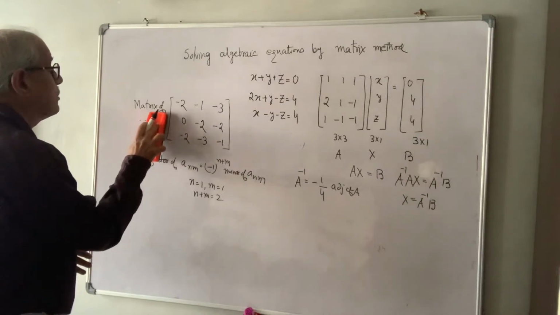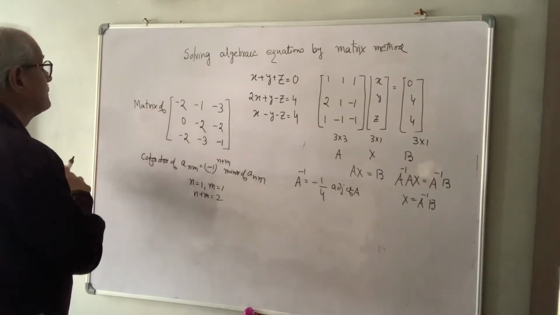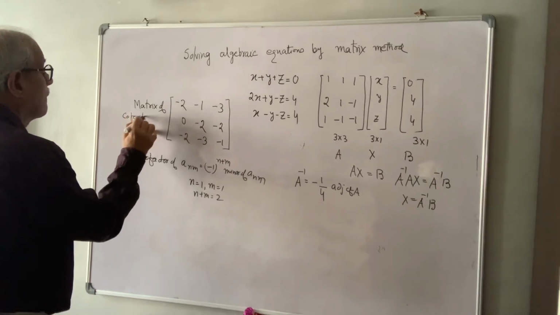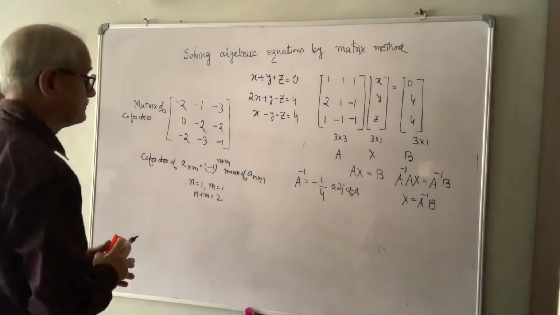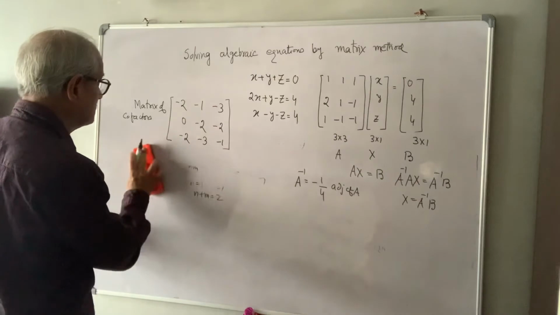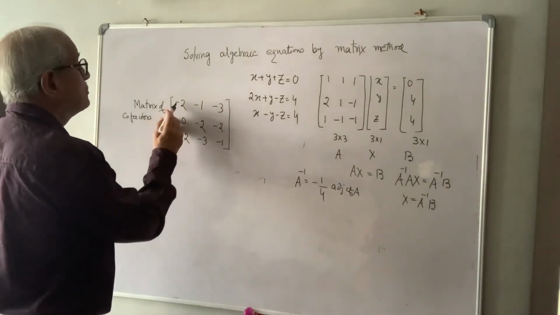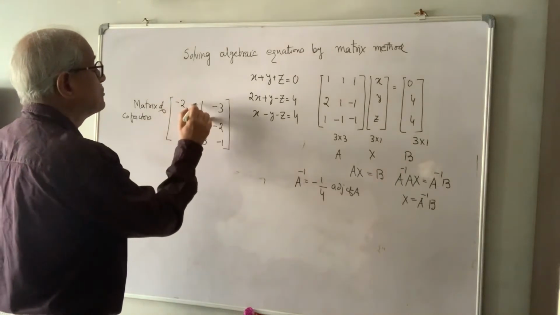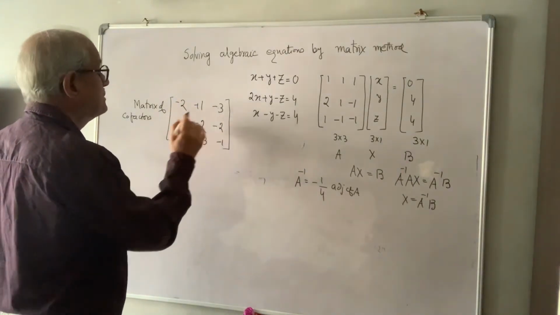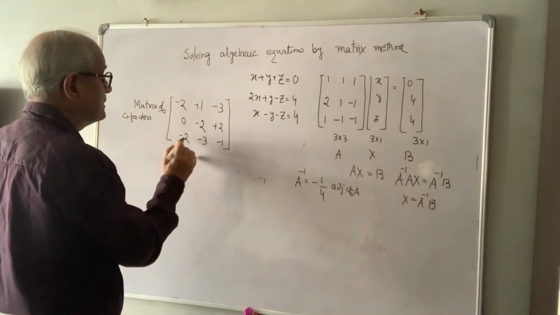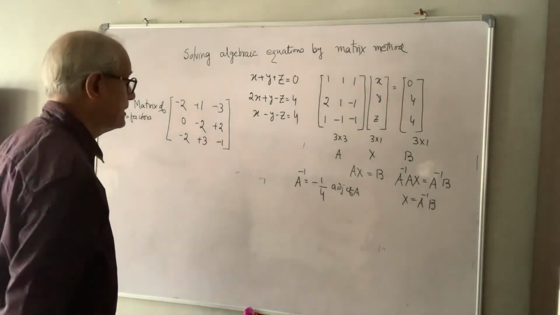So matrix of cofactors: this will remain unchanged, this will be changed, unchanged, change, unchanged, change, unchanged, change, change, unchanged.